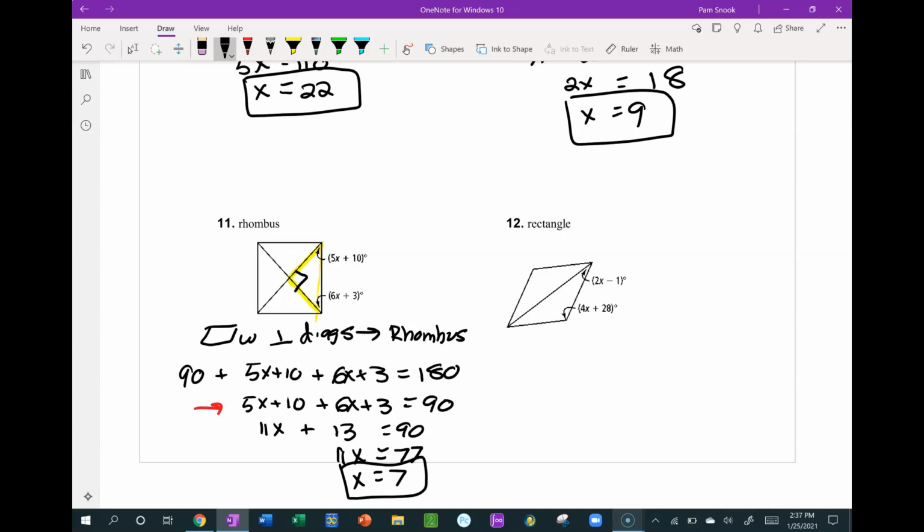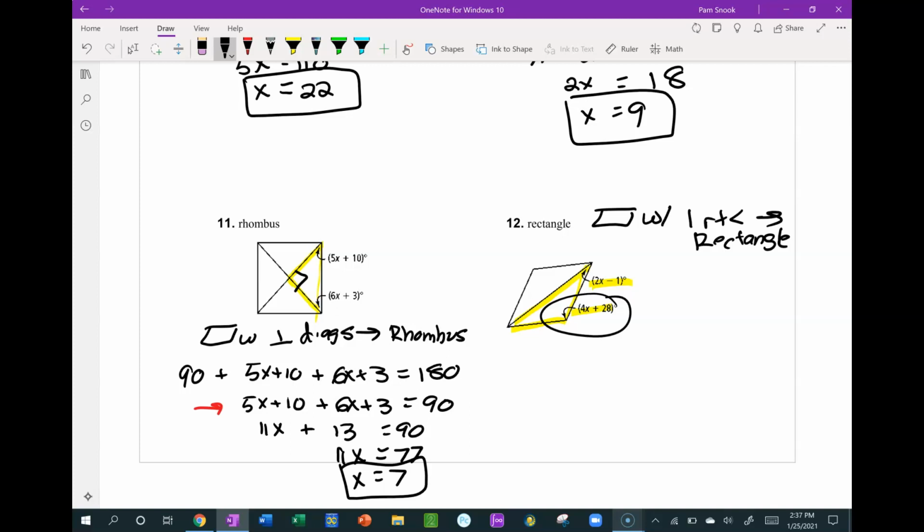Last one, a rectangle. So check this out. They've given us, again, we know two angles, and they're in the same triangle. But I only really need to know one of those angles, because I know that a parallelogram with one right angle implies a rectangle. I just need to set this angle here equal to 90.